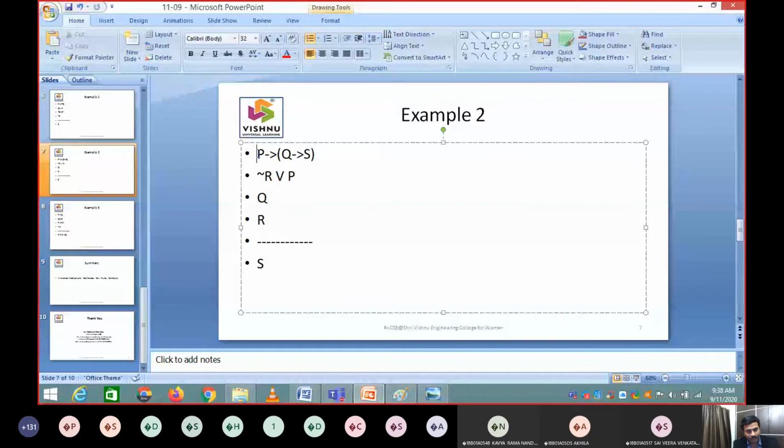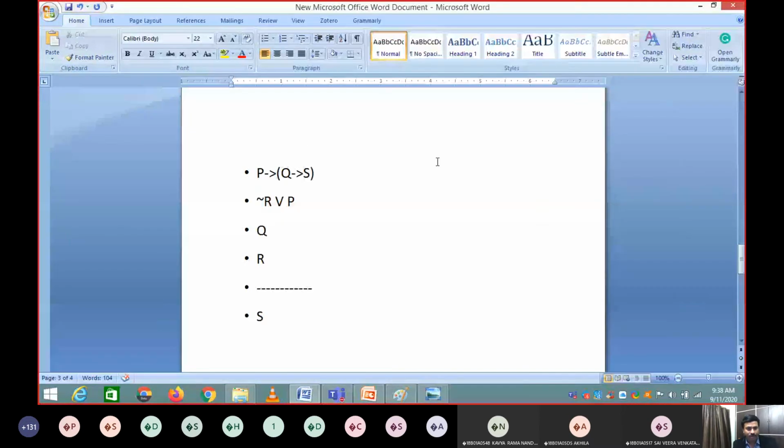So again, the same story, we are given 4 different types of statements, and you are asked to validate a single inference. This is what we have been doing, and this is what we have been asked to do now also. So this is the question they have given.